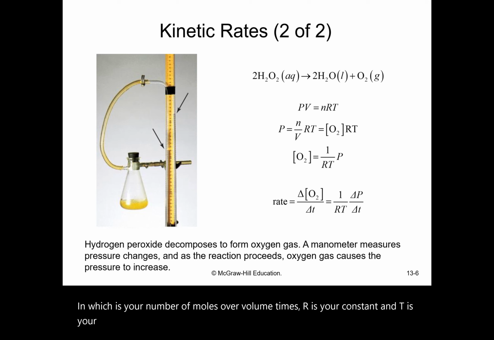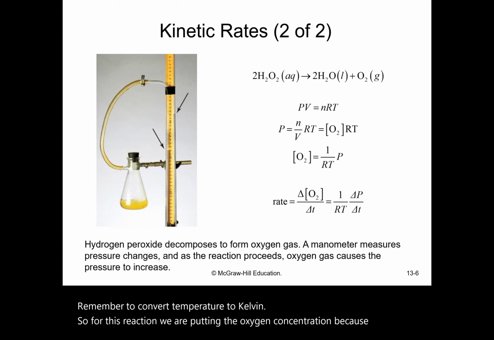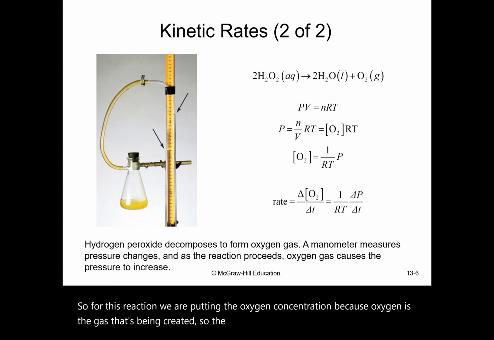Remember to convert temperature to Kelvin. So for this reaction, we are using the oxygen concentration because oxygen is the gas that's being created. So the concentration of oxygen is equal to 1 over RT times P.